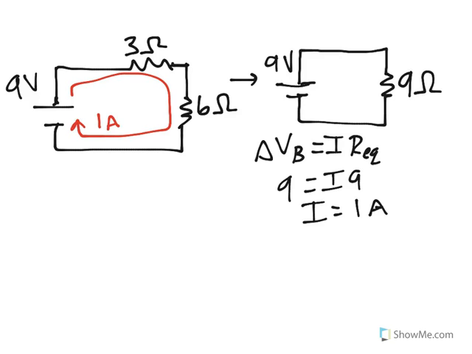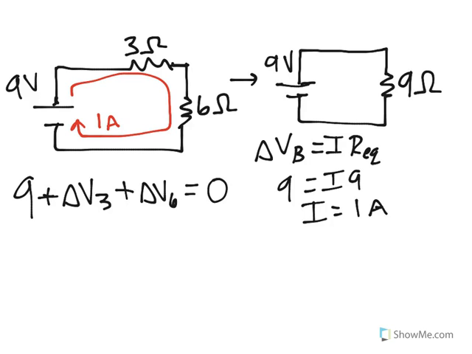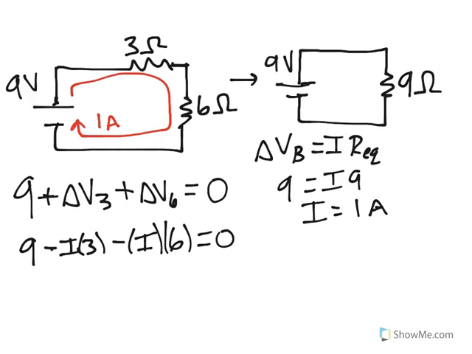Now, let's use the fact that voltage is additive. So 9 minus delta V across the 3 ohm minus delta V across the 6 ohm, or plus rather, I know that has to equal 0. So just like last time, I'm going to rewrite this as minus I times 3 minus I times 6, and that is equal to 0.